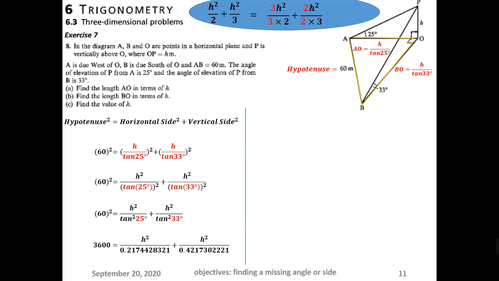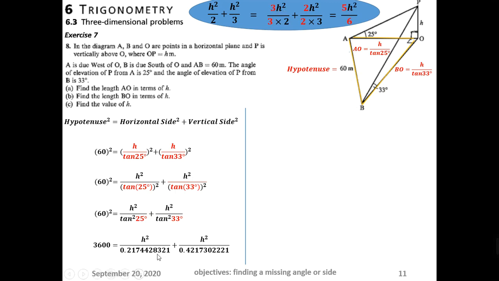So 3 times h squared is 3h squared, over 3 times 2. The second fraction, we multiply it by 2, so 2 times h squared is 2h squared over 2 times 3. To simplify this, we keep the common denominator the same and just add the numerators. So 3h squared plus 2h squared is 5h squared over 6.